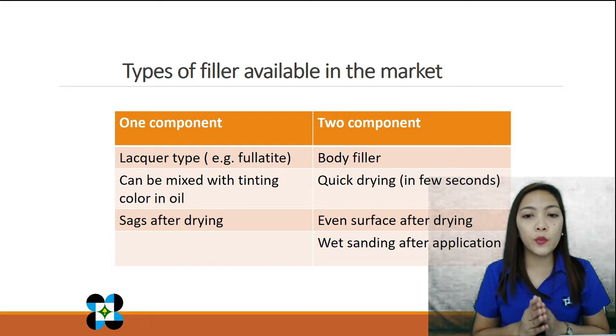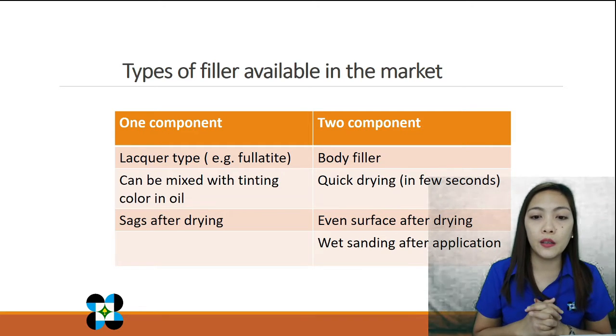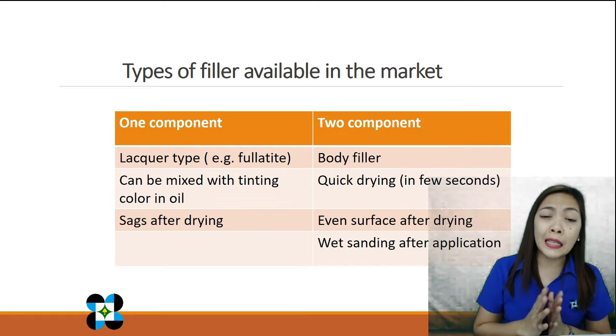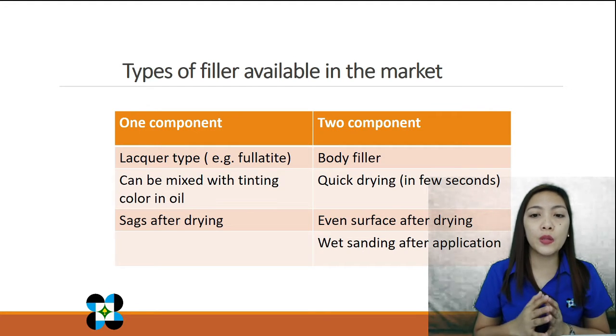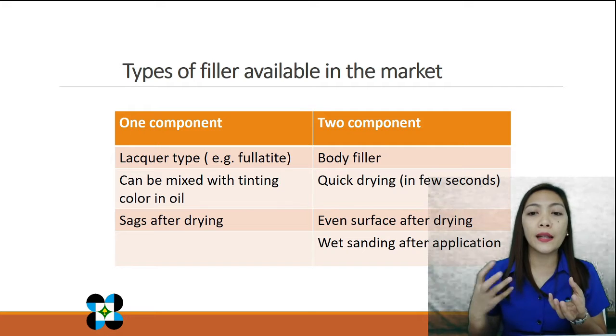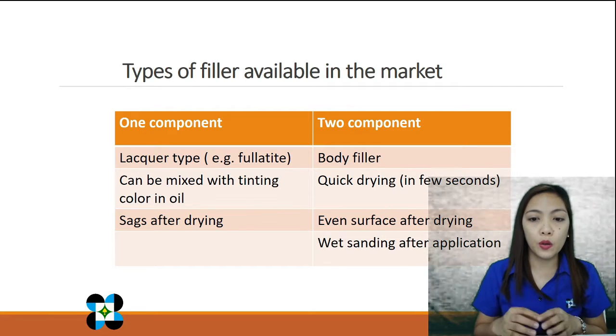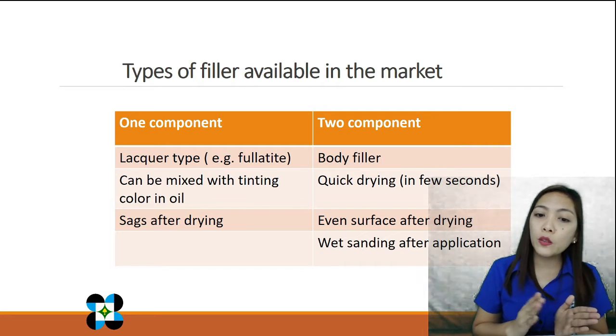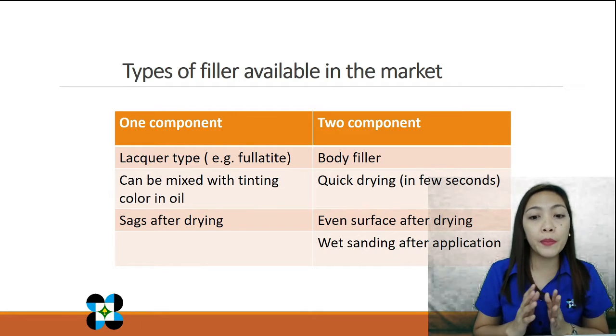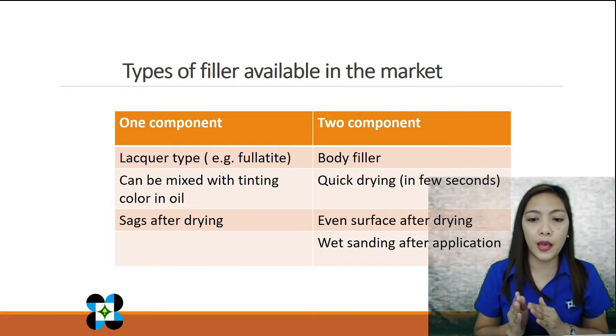On the other hand, we have the two-component body filler. Example nito is yung pulley top. So, it's a two-component because you have the main component and you need a catalyst para yung filler ay matuyo. So, compared with the one-component type, mas mabilis itong mag-dry, no? Just a few seconds.